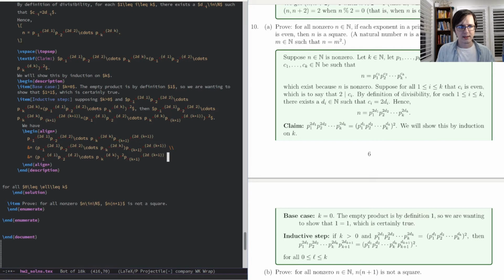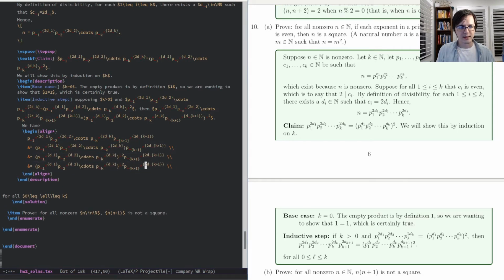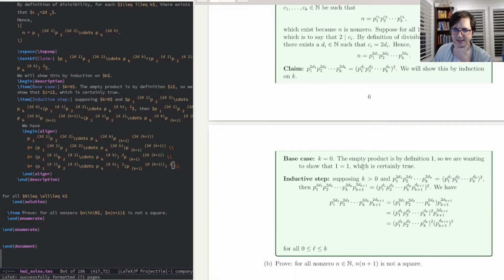And then what? Well, we can also use the exponentiation law, like so.